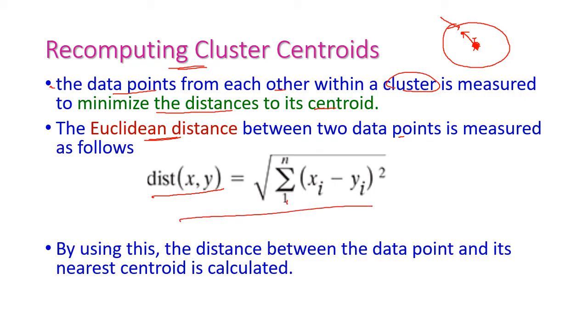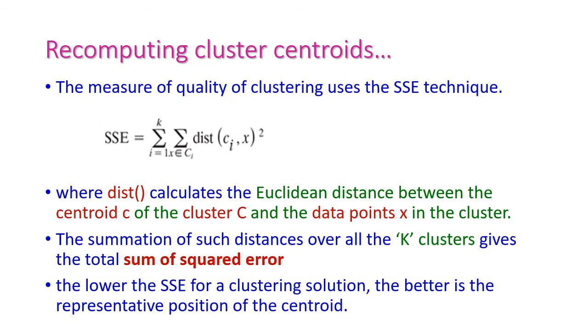So this is the Euclidean distance formula. By using this, the distance between the data points and the nearest centroid is calculated, and this will be calculated for every iteration. And if the centroid does not change for a few iterations, then we can stop the algorithm, right? That is the exact centroid for this particular cluster.